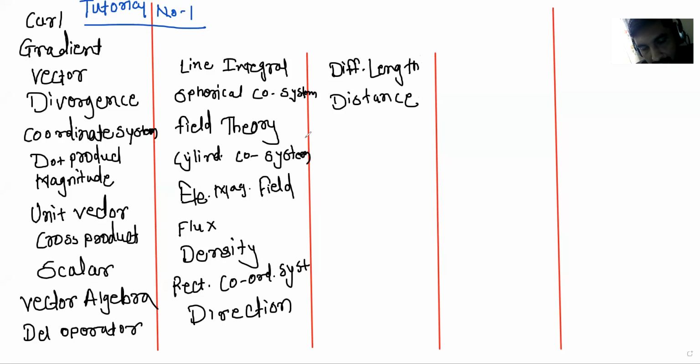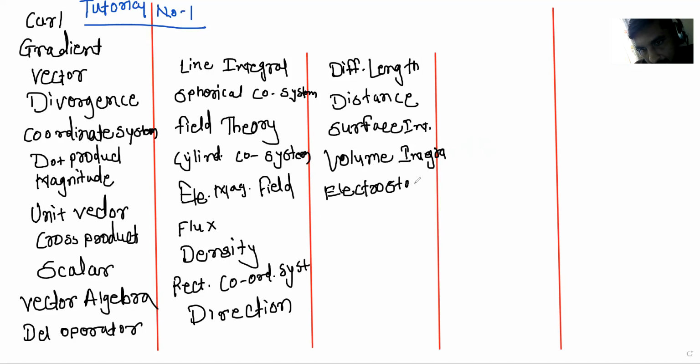Surface and volume. Surface integral and volume integral. What else? If I help you, I started with the electrostatic and magnetostatic fields.